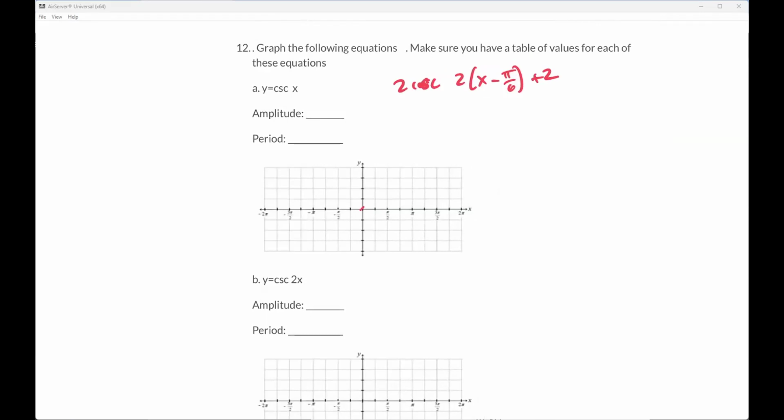So, all right, if I were you, I would graph 2 sine 2x first. Why? Because once I get this down, I could just flip it over and then get the cosecant. So, remember the amplitude is 2. The period is just pi, right?